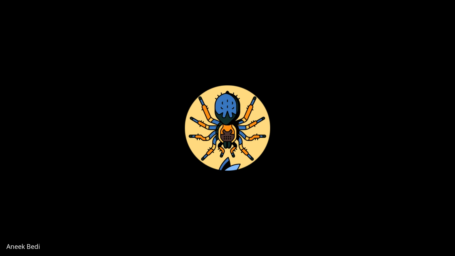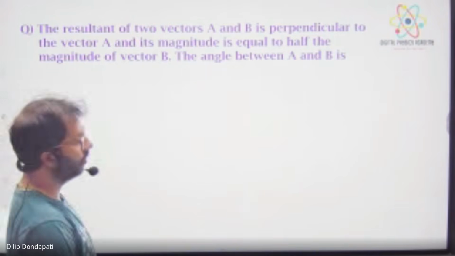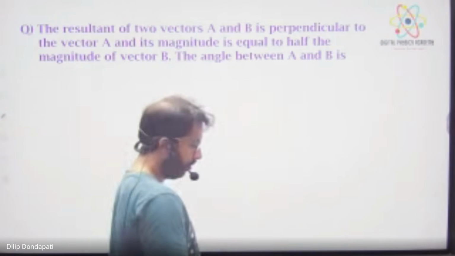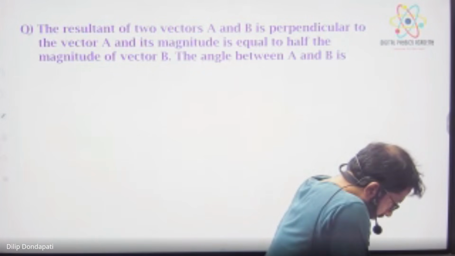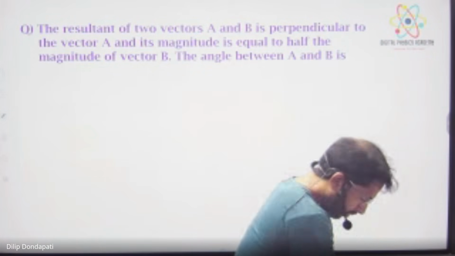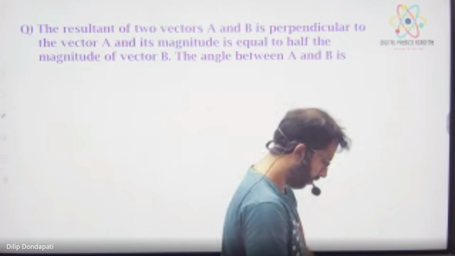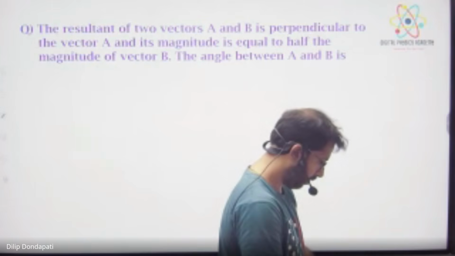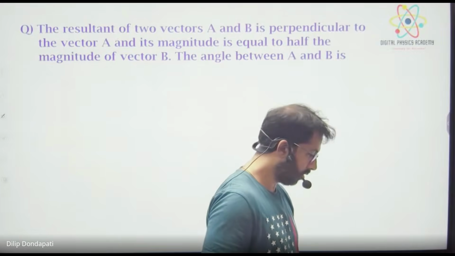Sir, resultant we should take it as B by 2, no? Resultant only magnitude is B by 2. Okay. Sir, 60 degrees. No, wrong.